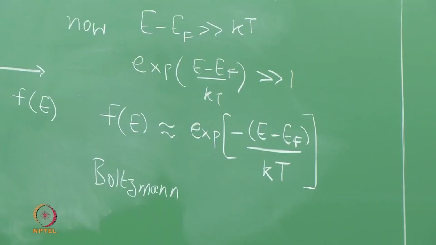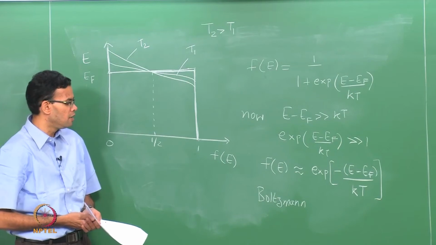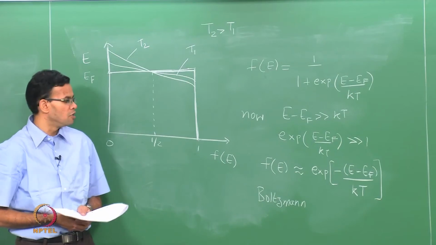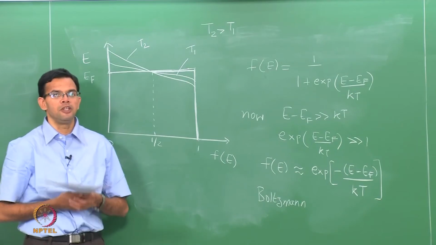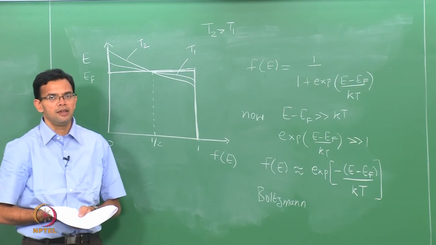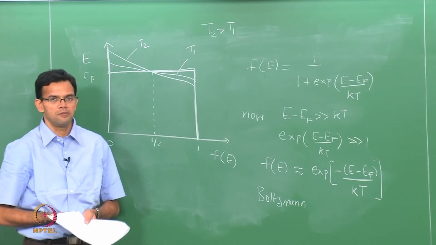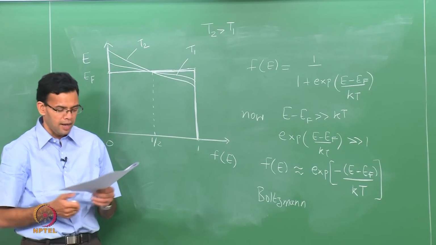So, thus at high energies the Fermi function becomes simplified to the Boltzmann function. This is an approximation which we will use later when we calculate the electron and hole concentrations in a conduction band and a valence band.